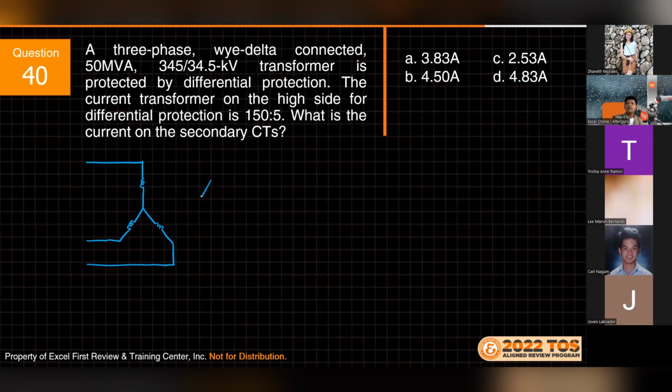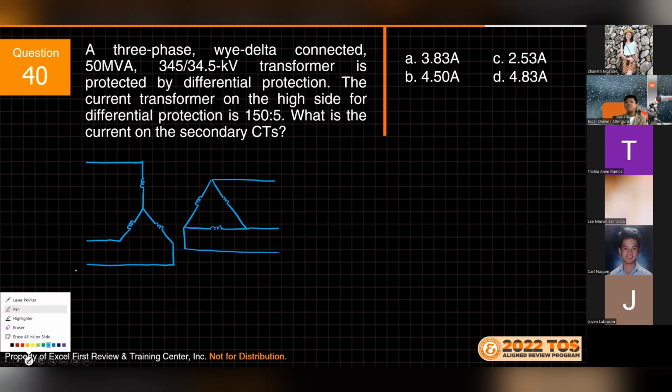Tapos the second one is the delta. Okay? So ngayon, the current transformer is on the high side. Dito siya kinaklamp, no? Dito siya nakaklamp. Yan, diyan sa part na yan.